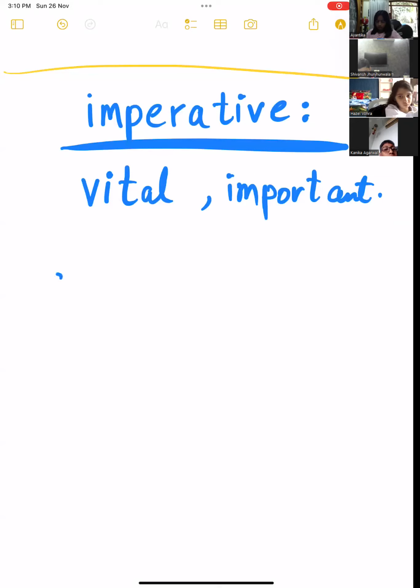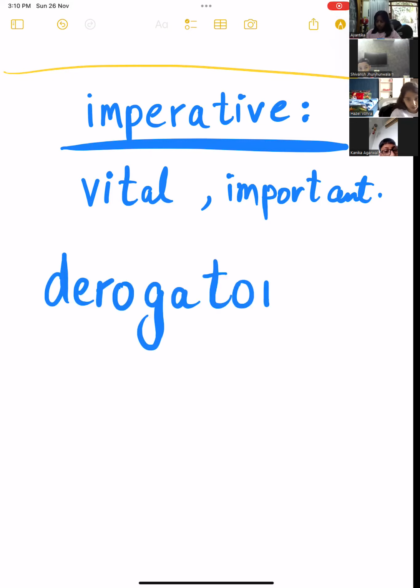It's going to be really, really useful. Can someone pronounce it for me? Hazel, would you like to give a try? Okay, someone else is going to try. Derogatory.